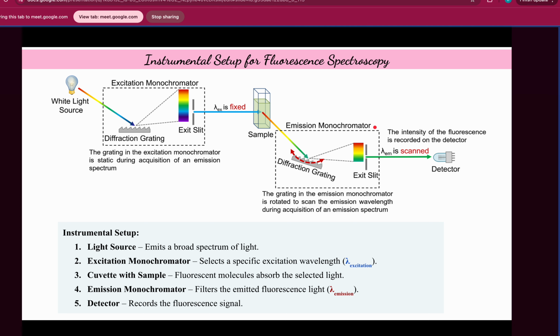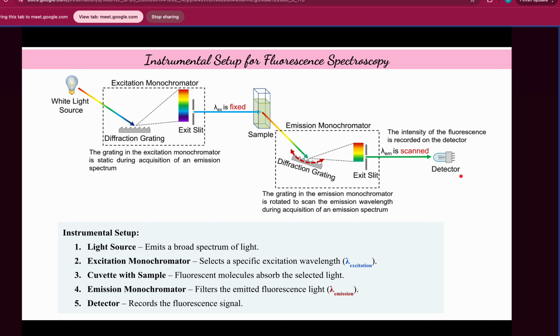The emission monochromator also allows a particular wavelength to pass through it, selected from all the wavelengths hitting the exit slit, and that particular wavelength will be detected by the detector.